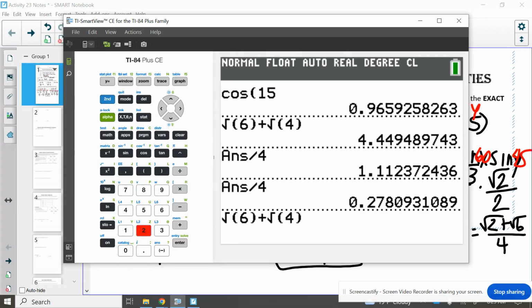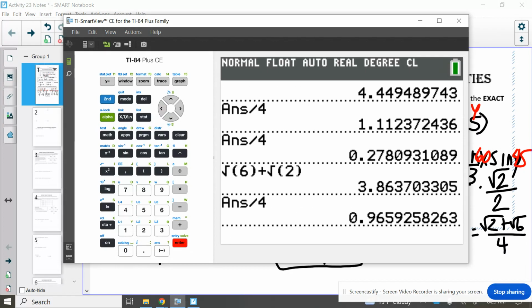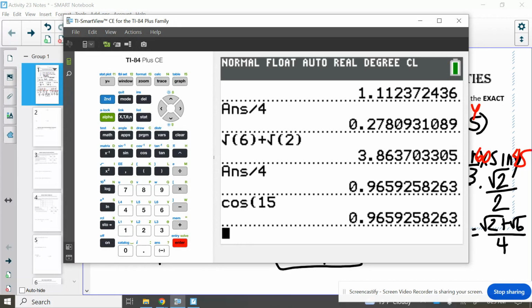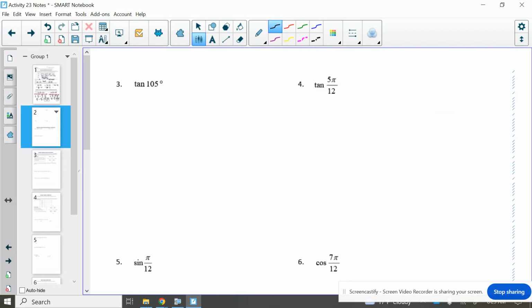You should get 0.96. And they matched. So we know that we did this correctly because these are the same value. So you can always double check that. All right, now on the next page, we are going to talk about some tangents.